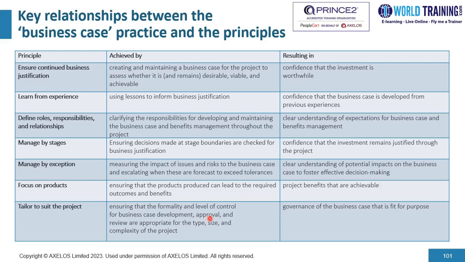If the investment is too big and the project is too complex, they use a 3-iteration business case development. But if it's a small investment with lesser complexity, they use a single stage justification mechanism. So that's just an example of tailoring. We tailor the methodology, the formality, and the level of control of developing the business case depending upon various other factors. What does this result in? Governance of the business case that is fit for purpose.